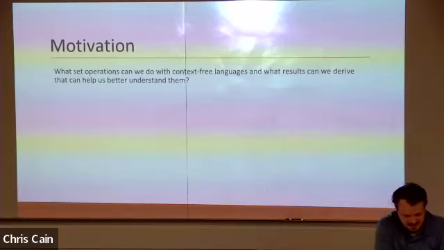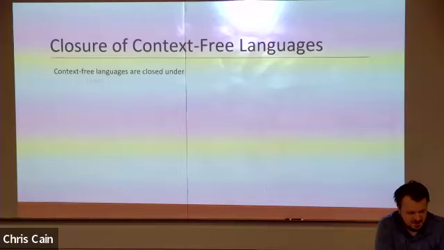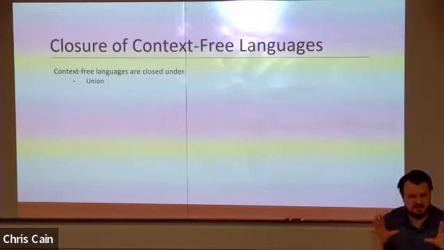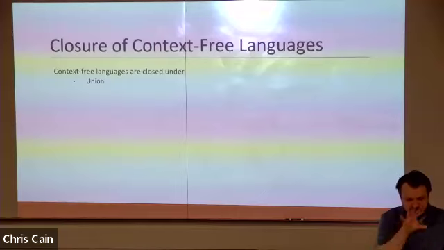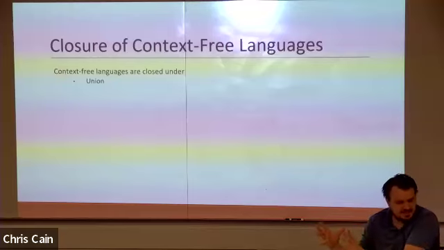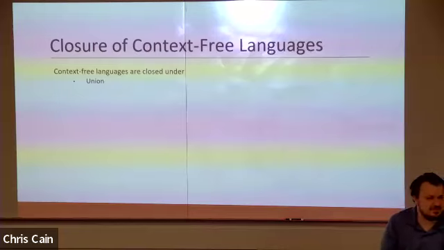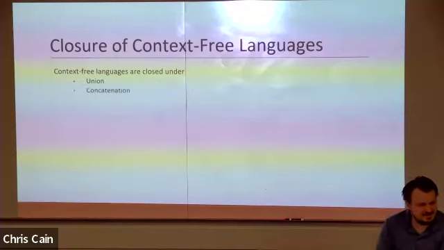It's interesting to think about. Let's actually talk about it in general. So context-free languages are closed under, and what we mean by closed is, for a union, we have a context-free language union a context-free language. If the result of that is a context-free language, then context-free languages are closed under union. That is what that means. They are closed under concatenation.